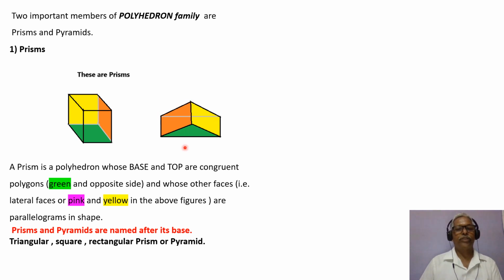Okay, this side and that side, they are congruent and they are regular polygons. So the first half is satisfied for both of these. And the second one, whose other faces, lateral faces, are parallelogram in shape.